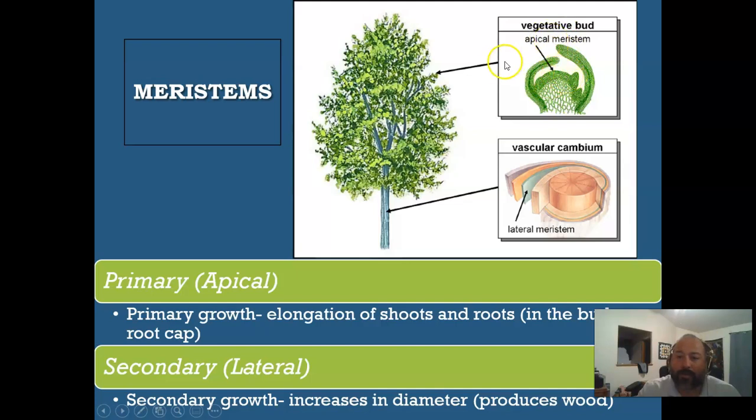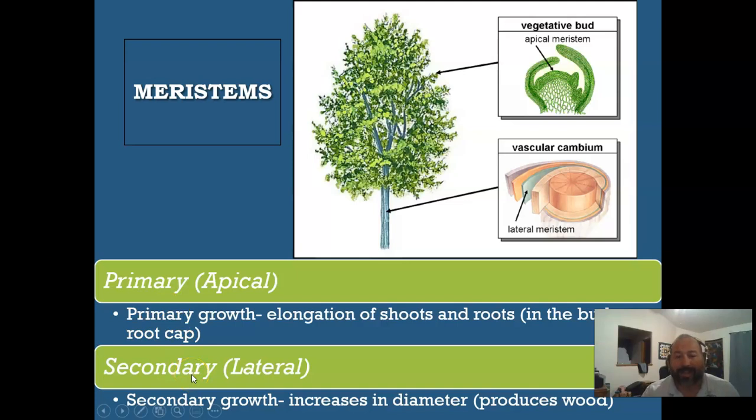Right in here is our apical meristem. So at the end of our branches, we're going to have vegetative buds, and those buds are where the new material will emerge from. This will also happen in the root cap, as we also will be growing roots at the same time. So those are our primary meristems.